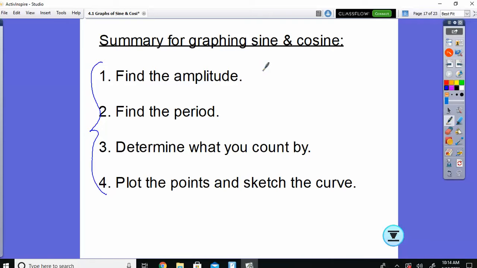Your amplitude is just the coefficient. Period is 2 pi over b. Count by, we want to split this up into 4 quadrants, so it will be the period divided by 4 for the 4 quadrants. Then we will plot our points and draw in the curve.